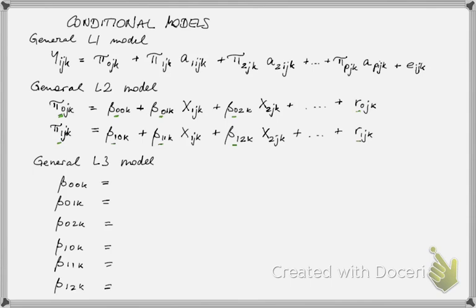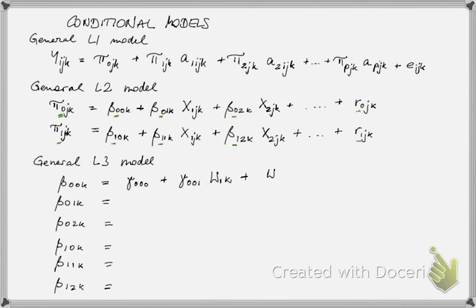Actually, as I mentioned before, I skipped writing an equation for the pi 2 jk, so we have to stop somewhere. But the general equation for the beta 0 0k now is gamma 0 0 0 plus gamma 0 0 1 w1k, if we have a level 3 predictor of the intercept.